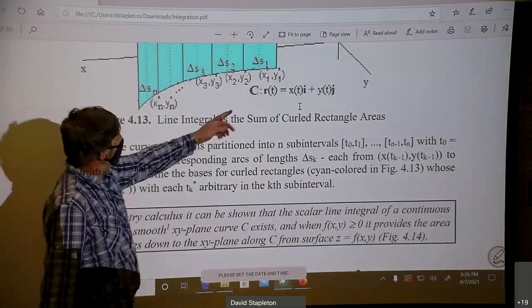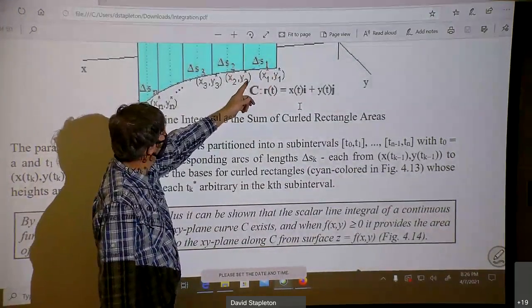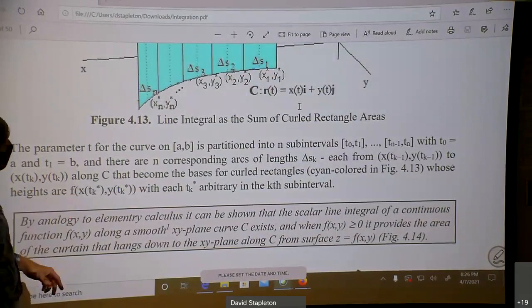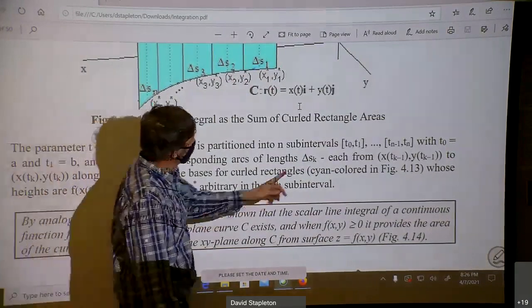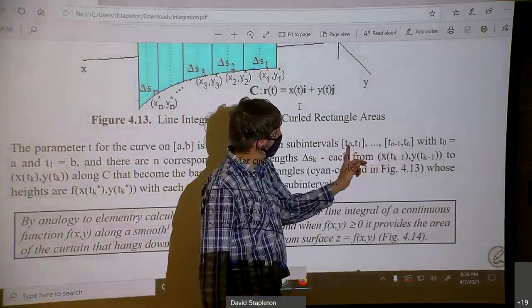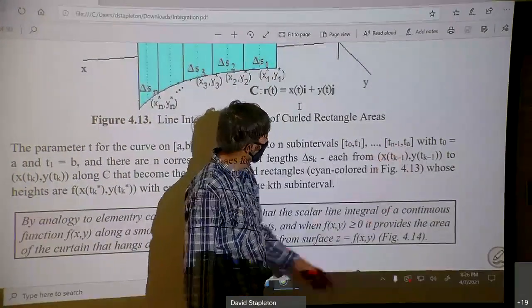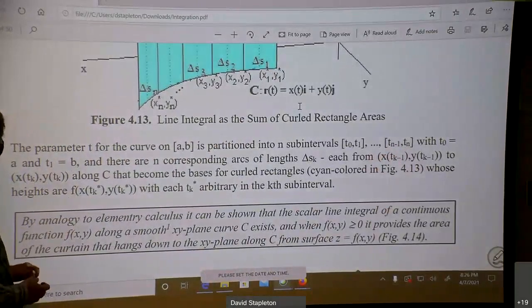This is X of T1, Y of T1, X of T2, Y of T2. You go from T0 to Tn, partitioning the T interval for the parameter: T0 to T1, T1 to T2, Tn minus 1 to Tn, with T0 equal A and Tn equal B.